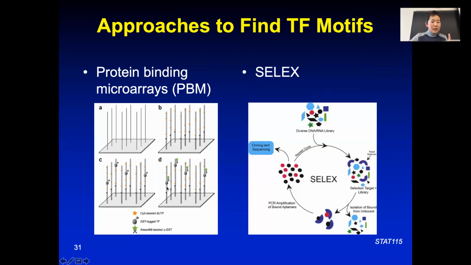So this is one transcription factor at a time. For example, in this 60 mer, you might have one 10 mer that's bound. This particular 60 mer also has the correct 10 mer that this TF will bind. And then you let them hybridize, you wash off the junk, and then you shine light and you see which spots light up.